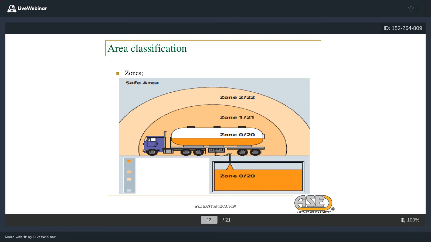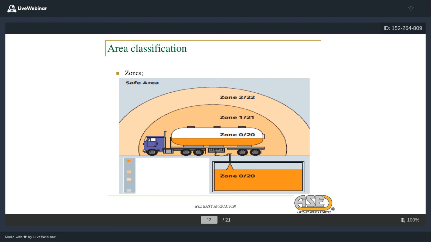So if the material is present in this area and the duration of that material to be present is continuous or frequent or remains for a long time, then we call it zone 0. And this, as we said, for gas or vapor is zone 0. And for dust and particles, fibers and flyings, it is zone 20.